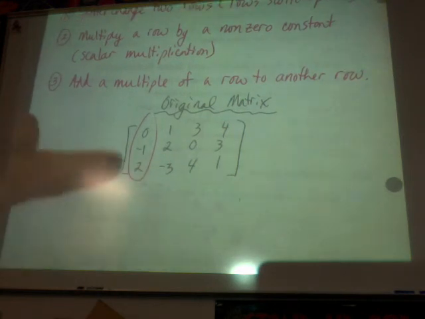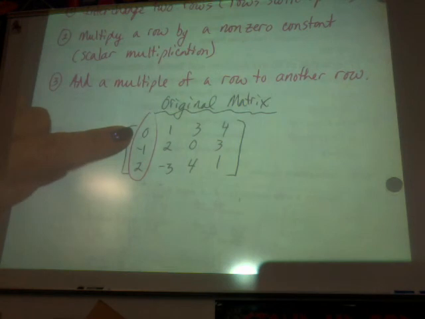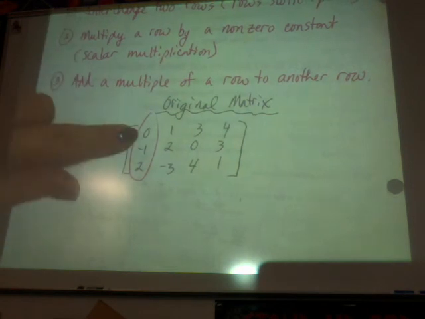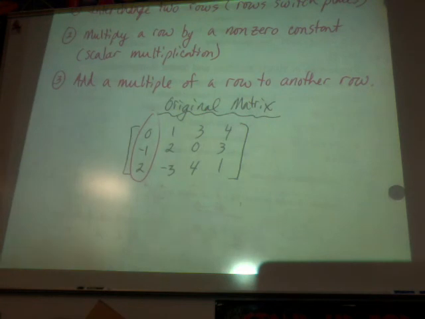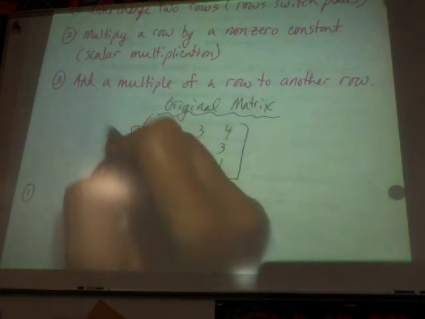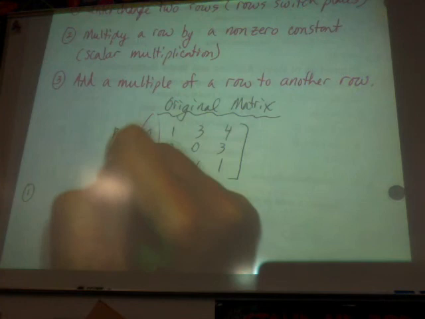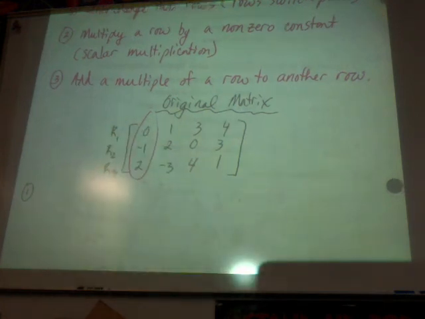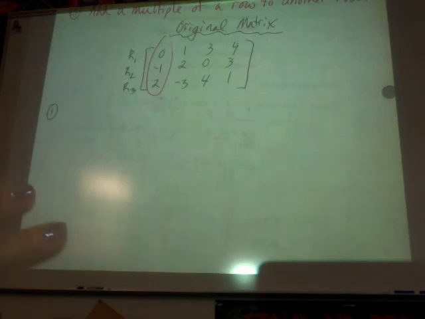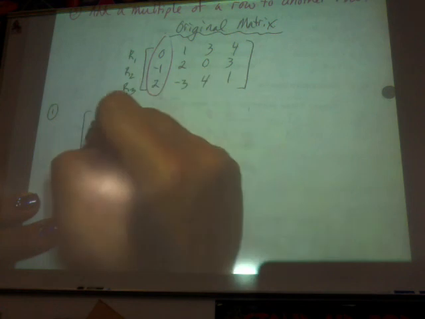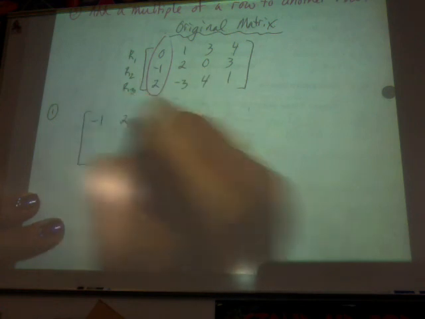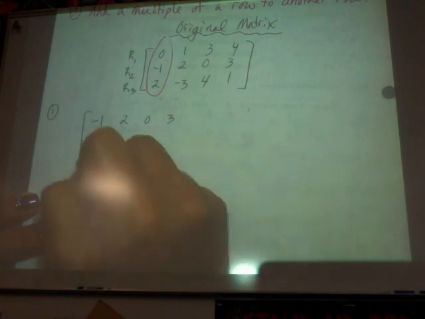So do I have a 1 here? No. Can I use any of these to get a 1 here with what I currently have? Or even a negative 1? I can switch these two rows, right? So step 1. We're going to call this row sub 1, row sub 2, and row sub 3, just for naming purposes. I'm going to take my new matrix and put the second row up top, and the first row in the middle.